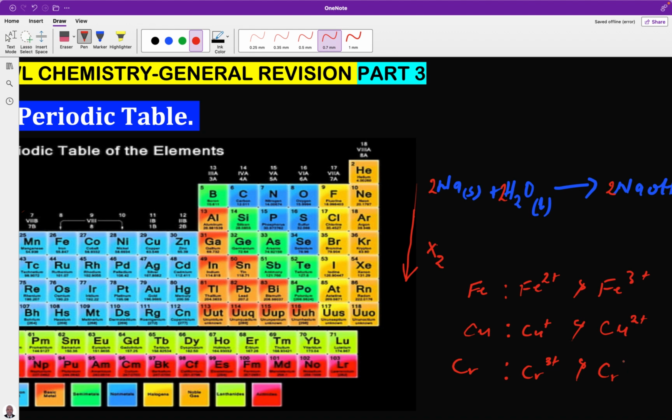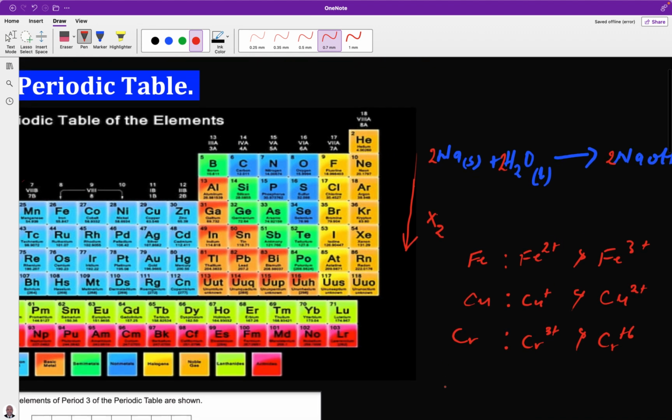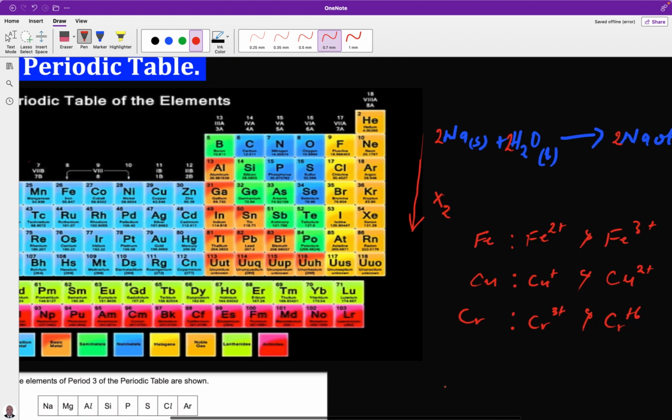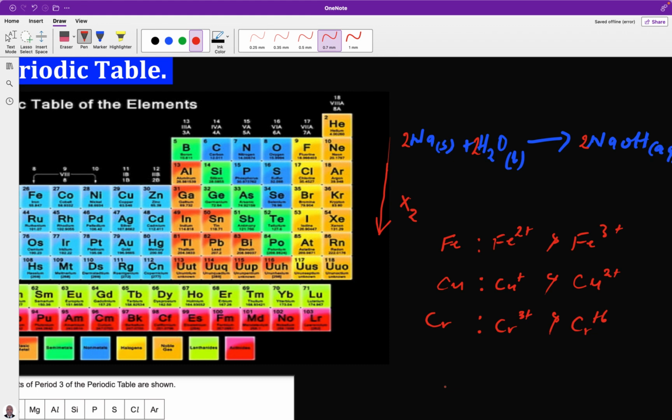Even manganese: there's manganese 4, manganese 2, and manganese 7. So these are examples showing that transition metals have variable oxidation states. Their oxidation states vary. It's not just one oxidation state; there are many of them.